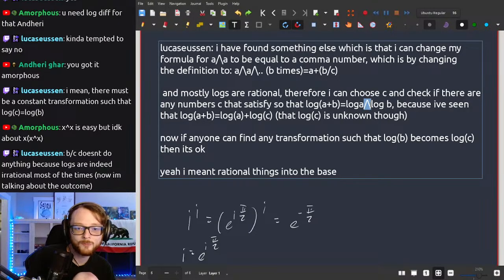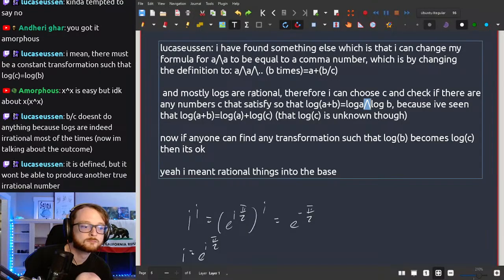I guess the maximum formula still works, though.